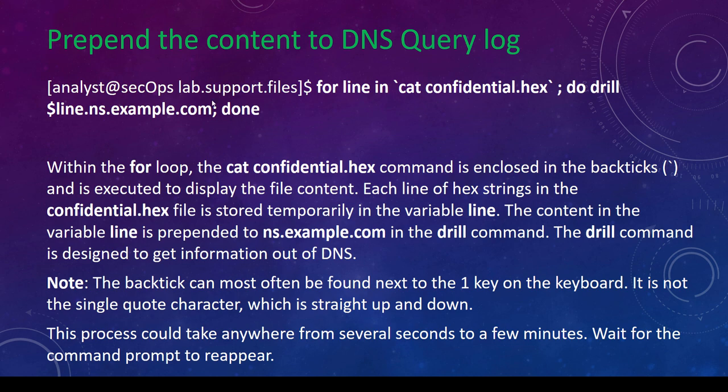What we are going to do is add ns.example.com to each of those lines. The drill command is designed to get information out of DNS. We use that command to get information out of DNS, and in each of those lines we're going to add ns.example.com. So that's what this command is going to do.